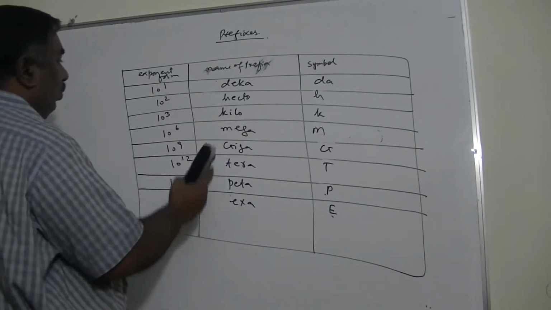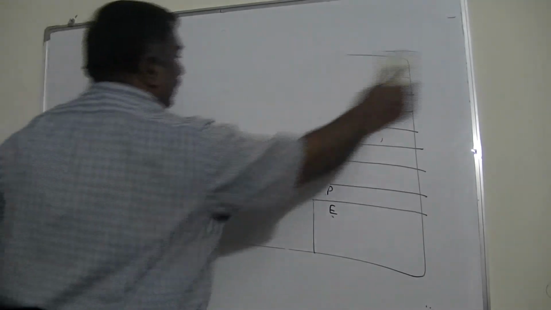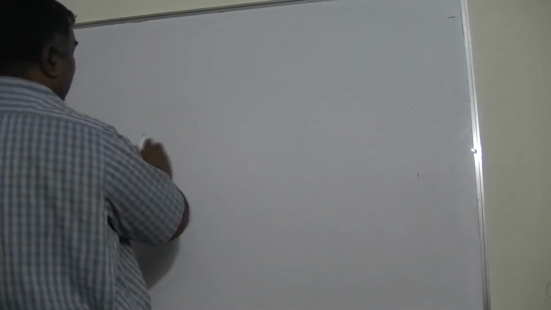Now there are some rules for the prefixes which you should know, and there are 3 rules.